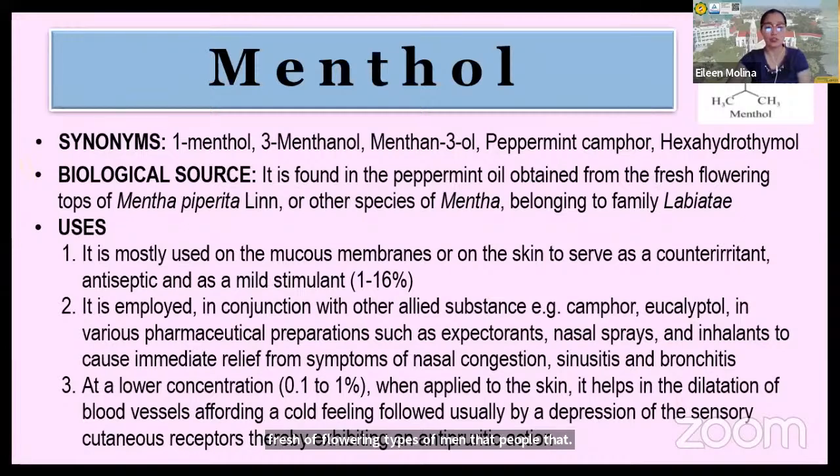It is mostly used on mucous membranes or on the skin. It serves as a counterirritant, antiseptic, and as a mild stimulant. It is employed in conjunction with other allied substances, those mentioned a while back, camphor and eucalyptol, in various pharmaceutical preparations such as expectorants, nasal sprays, and inhalants.